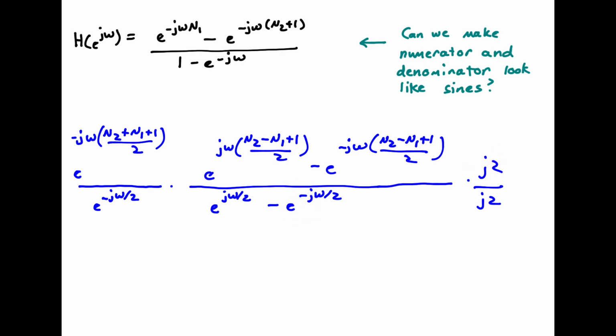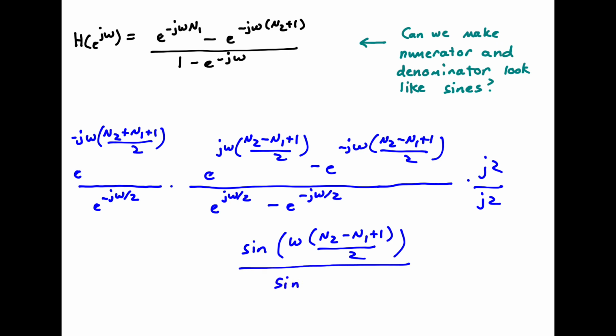So I can rewrite this whole thing as sine of omega times (n2 minus n1 plus 1)/2 over sine omega over 2. And then I have to combine these two terms here.